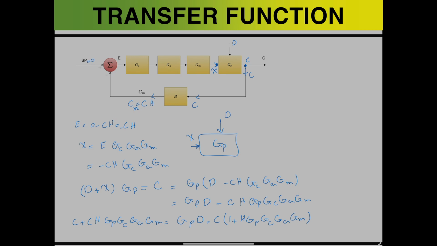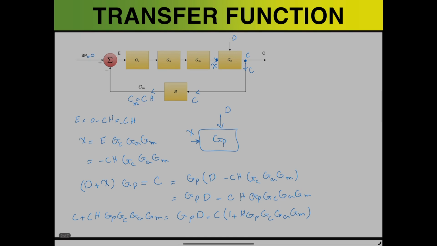Now that we have all of this information, we can easily find the relationship between C and D. I'm going to write it here. C over D essentially is going to be: D is going to be multiplied by GP, so I'm going to write it at the top.